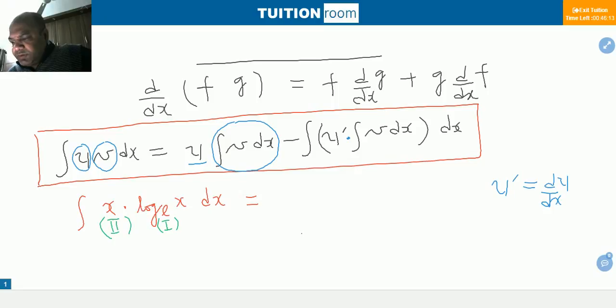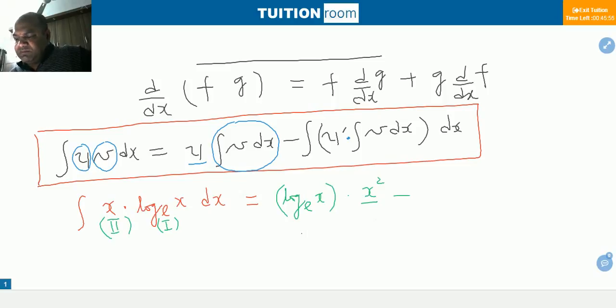Then we will get x squared into log base e x by 2 minus the integral of x into dx. Now we can integrate this as x squared by 2.